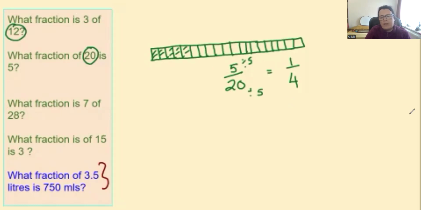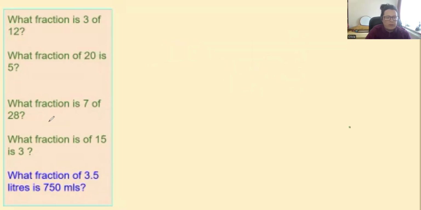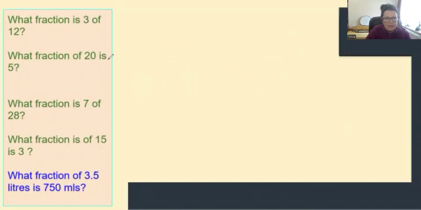Let's have a look at the next one. This time we will not draw the bar model. What fraction is 7 of 28? If we said it a little bit differently, what fraction is 7 out of 28? There we go. Again, simplifying it, divide 7 by 7 and 28 by 7, which is 1/4. The next one is worded like the second one.